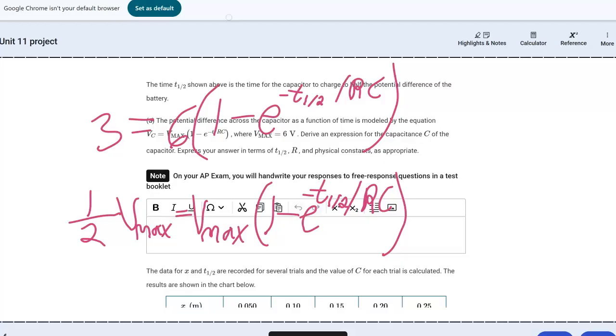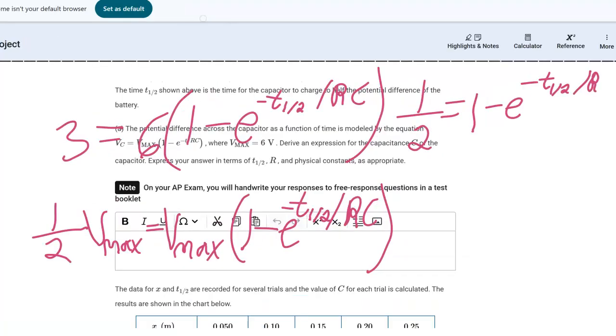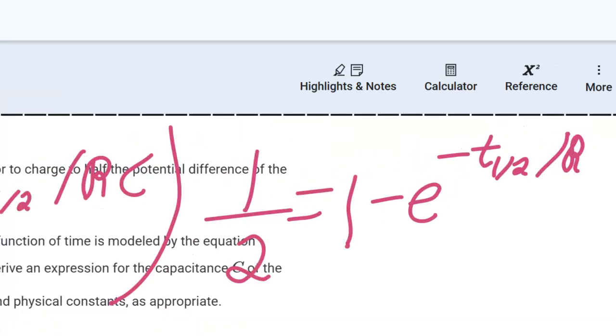And then that would mean we get 1/2 equals 1 minus e to the negative T 1/2 over RC.